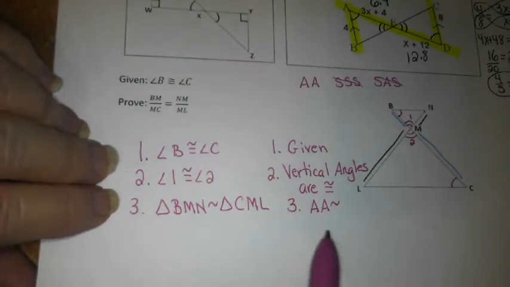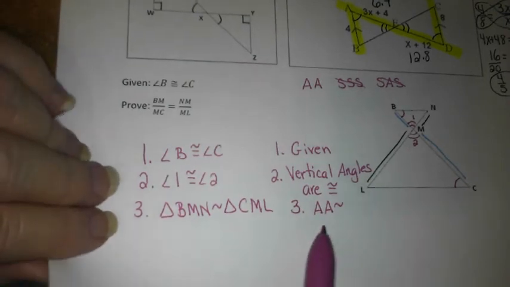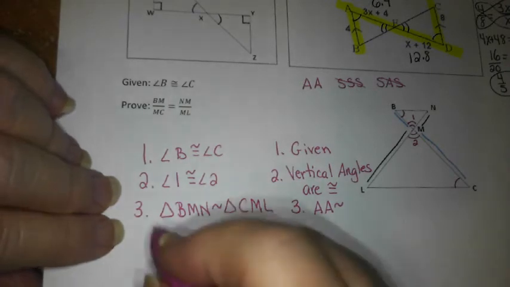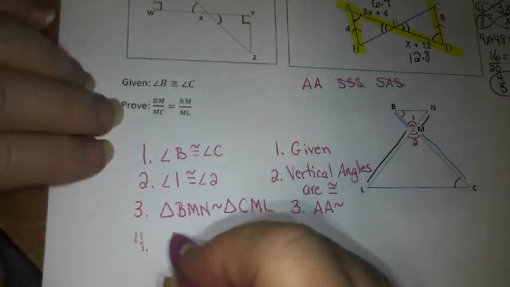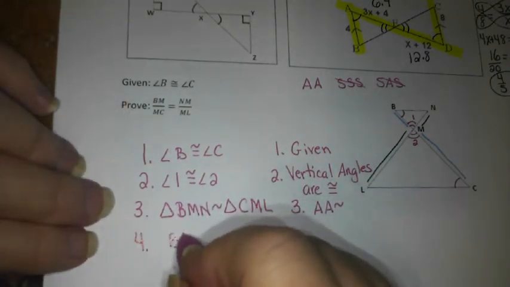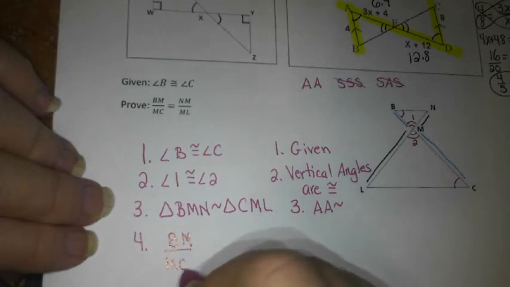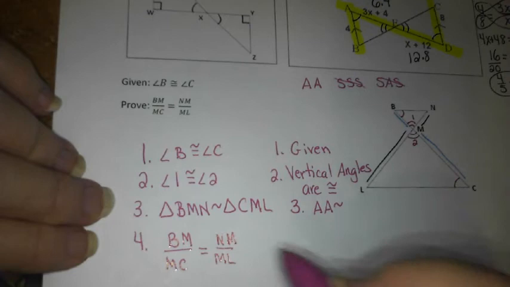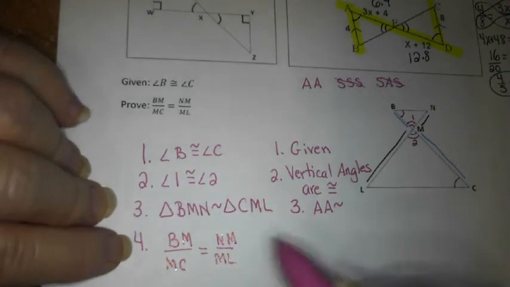Now, if the triangles are similar, what do I know about all of their corresponding sides? They should be in proportion. So here we go for our last step. BM over MC equals NM over ML. They're in proportion.